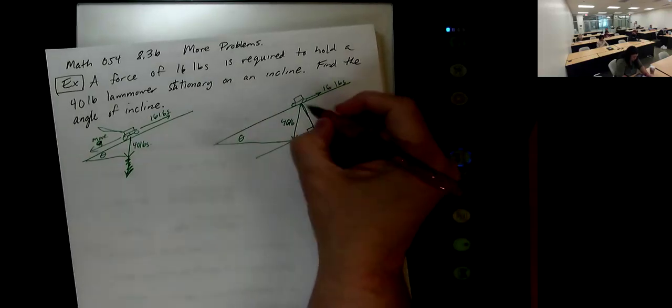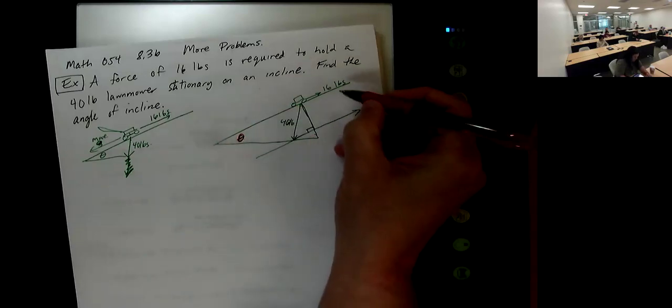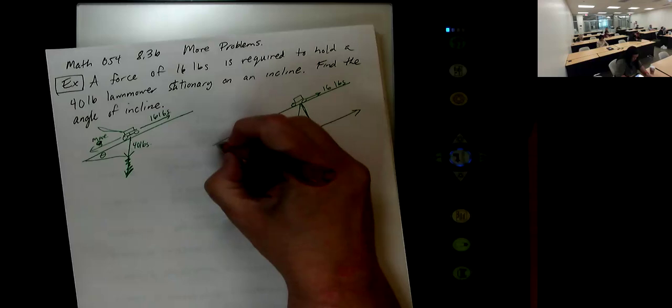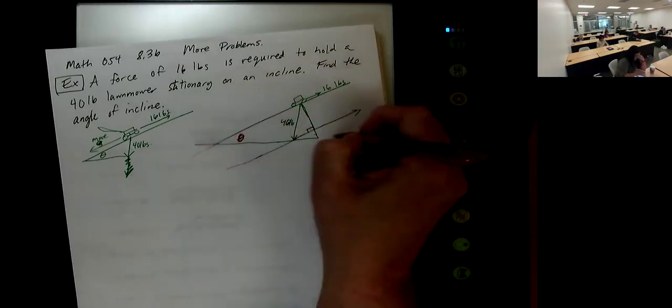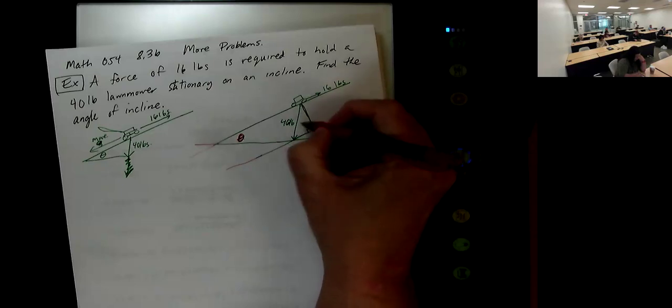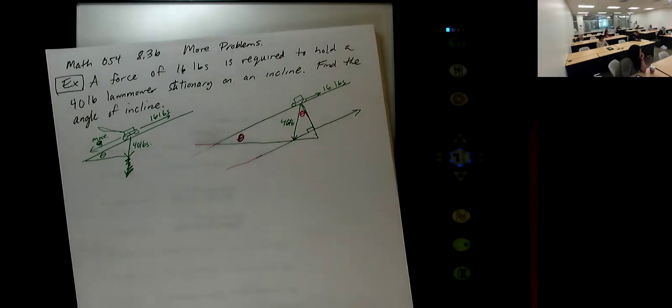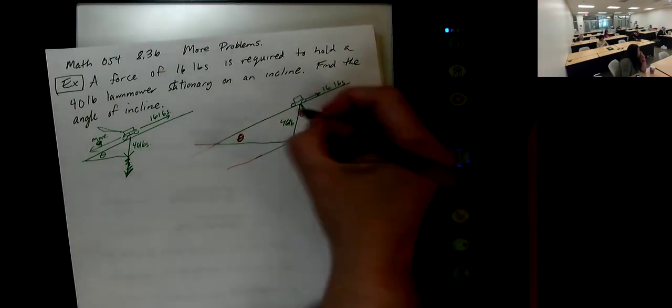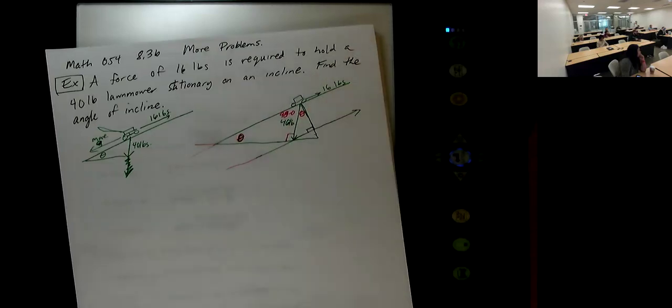If I do that, this angle I'm looking for here, by the alternate interior angles, that line is the transversal line for two parallel lines, makes this theta the same as that theta. And we could see that by doing this as 90 minus theta here, because that makes a right triangle.